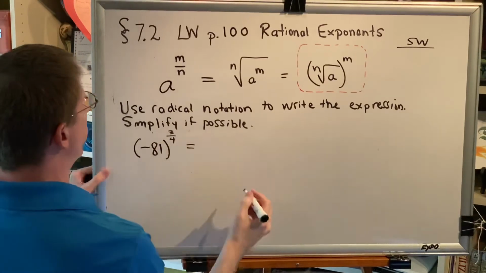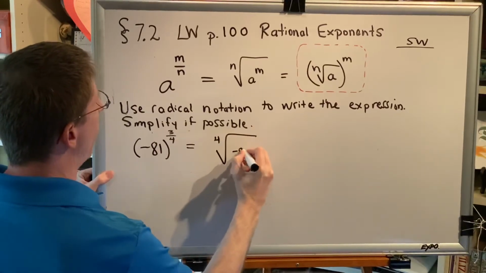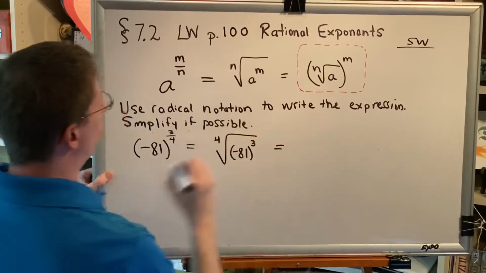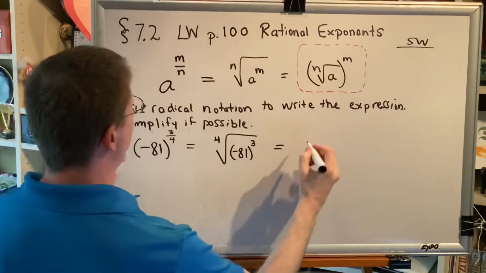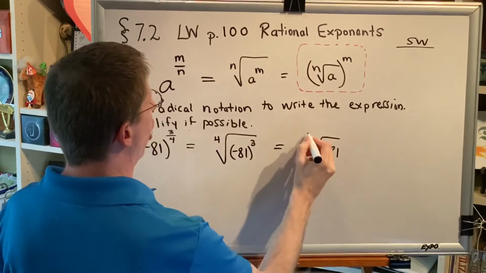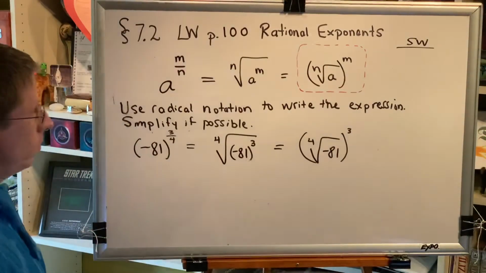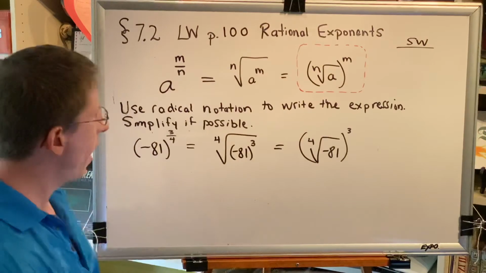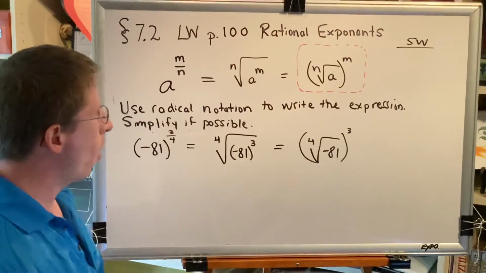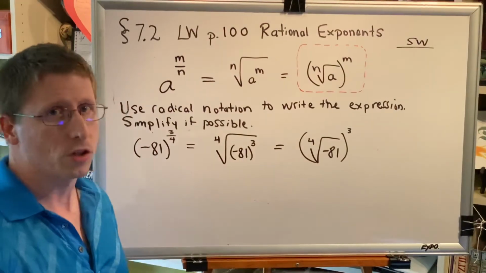So let's rewrite this. This will be the 4th root of -81 cubed, which could also be rewritten as the 4th root of -81, all in parentheses, cubed. Okay, so we learned our lesson from our previous example that this is most likely the easiest way to solve our problem.